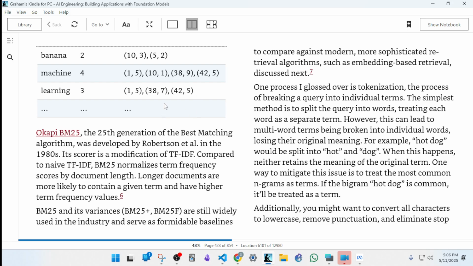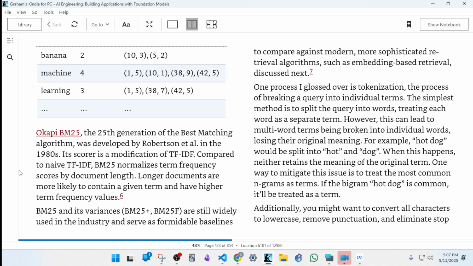BM25, the 25th generation of the best matching algorithm, was developed by Robertson et al. in the 1980s. Its scorer is a modification of TF-IDF. Compared to naive TF-IDF, BM25 normalizes term frequency scores by document length.